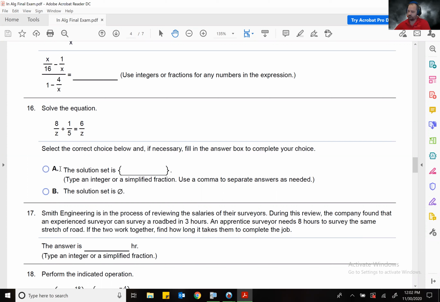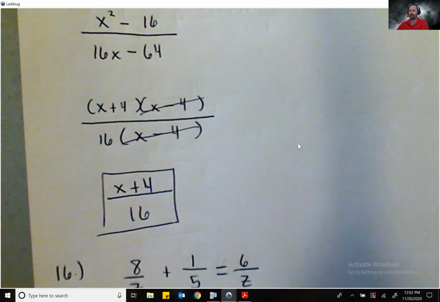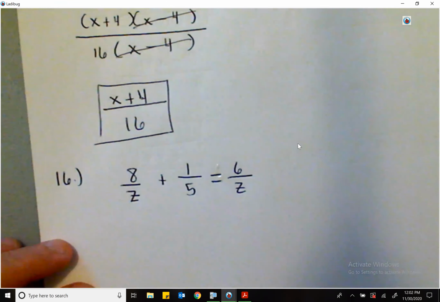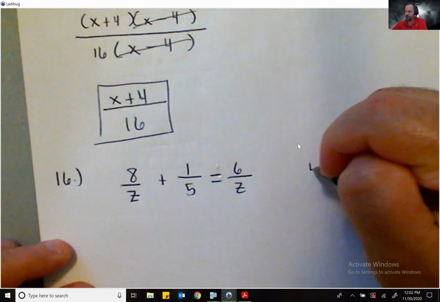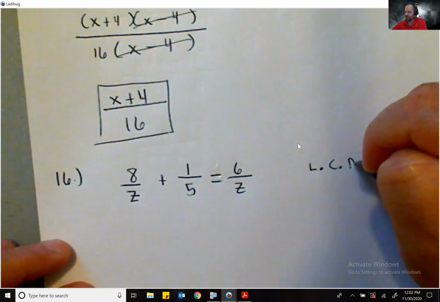What are we going to do? Find the LCD. Yes, we need an LCD again because we want to get rid of the fractions. We hate fractions, so let's just get rid of them.